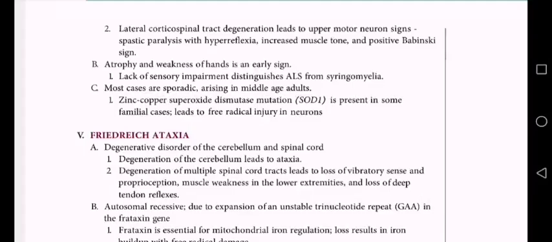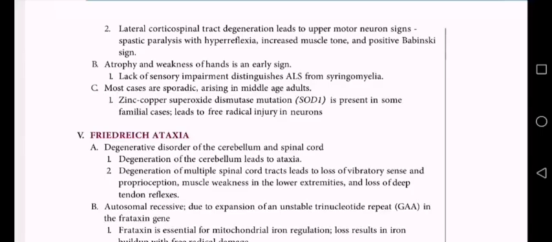Now, lateral corticospinal tract degeneration leads to upper motor neuron signs, spastic paralysis with hyperreflexia, increased muscle tone, and positive Babinski sign. Atrophy and weakness of hands is an early sign. Lack of sensory impairment distinguishes ALS from syringomyelia.